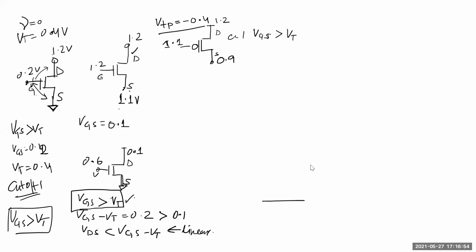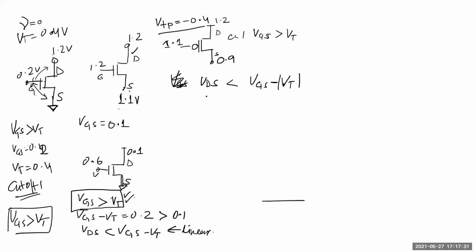Sir, in PMOS, if VDS is less than VGS minus mod of VT, then it's linear. This is the linear condition. But you remember we said, first you have to find out if the channel is on or not.